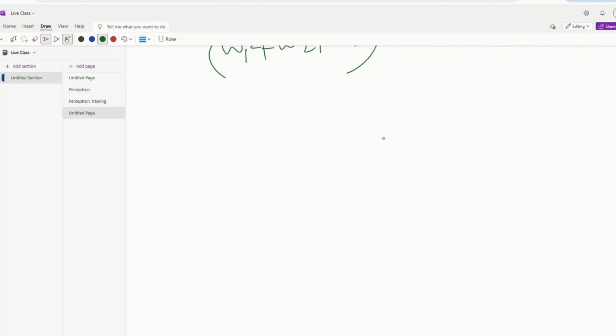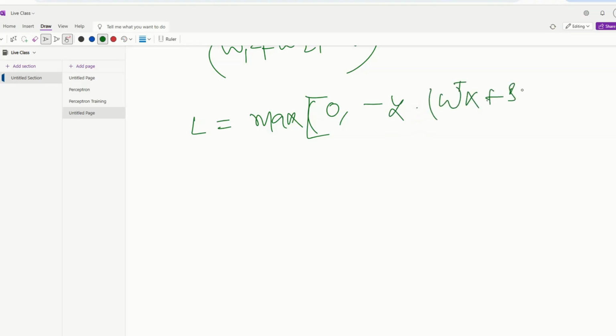Now, if you understand this concept, I will explain in a few minutes why I'm giving this context. So now come to the loss function. What is the loss function telling us? Loss function is max of 0, 1 minus y times (wTx plus b).